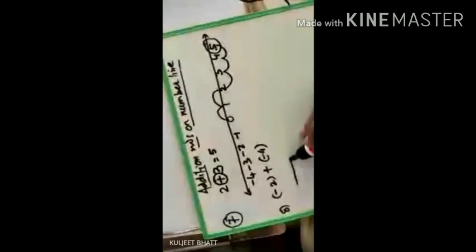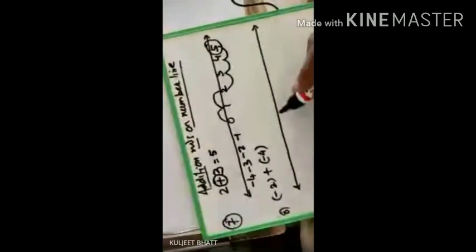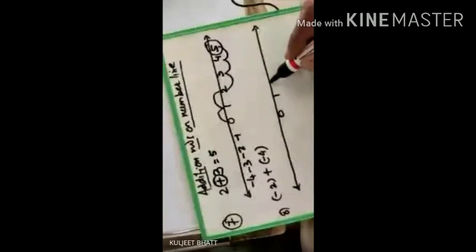Example 8 goes like -2 plus -4. Same thing has to be done on a number line. So again, as usual, draw a number line. 0, positive numbers 1, 2, 3, 4, 5.